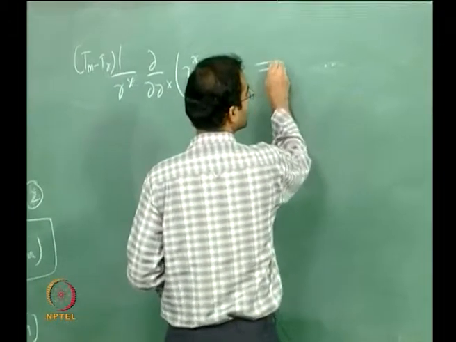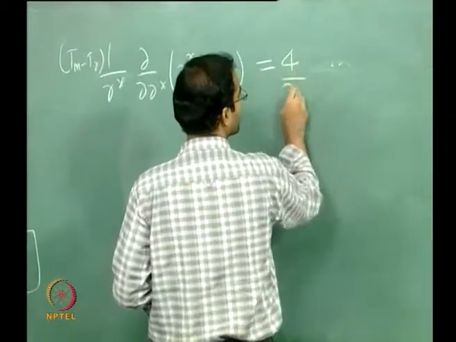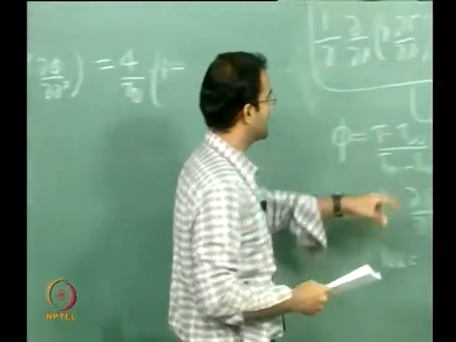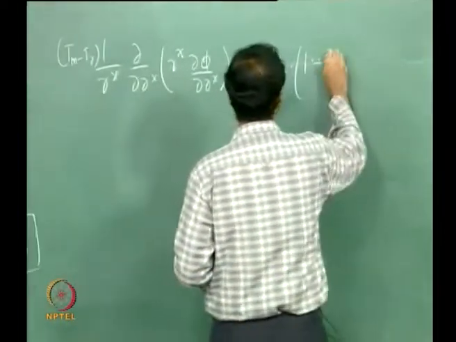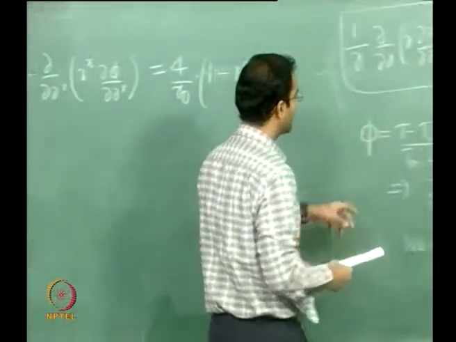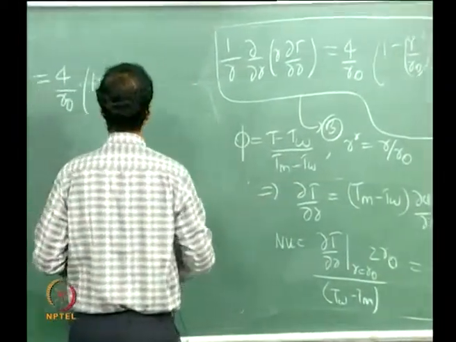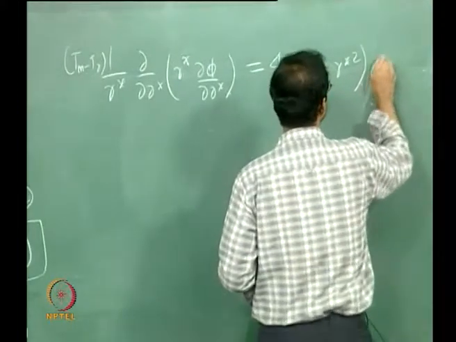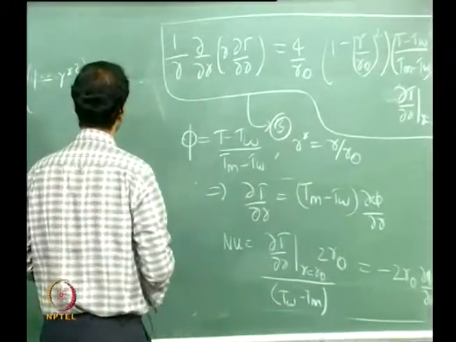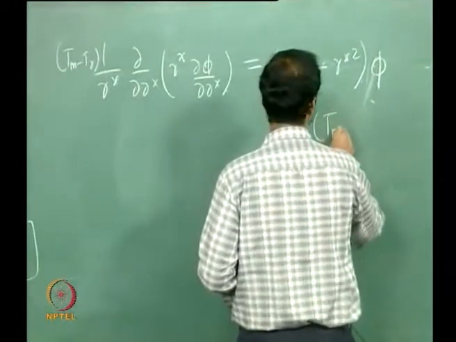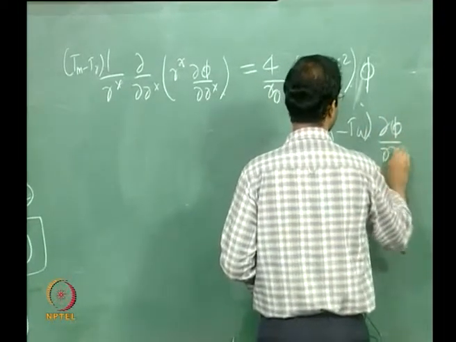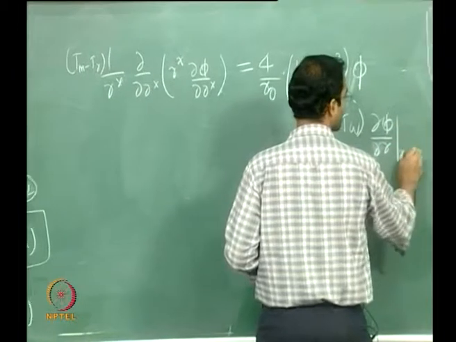This should be equal to 4 by r naught into 1 minus r by r naught, which is r star, so this is r star square, times T minus Twall by Tm minus Twall, which is phi. And dT by dr is again Tm minus Twall into d phi by dr, so I can write this as Tm minus Twall into d phi by dr at r equal to r naught.